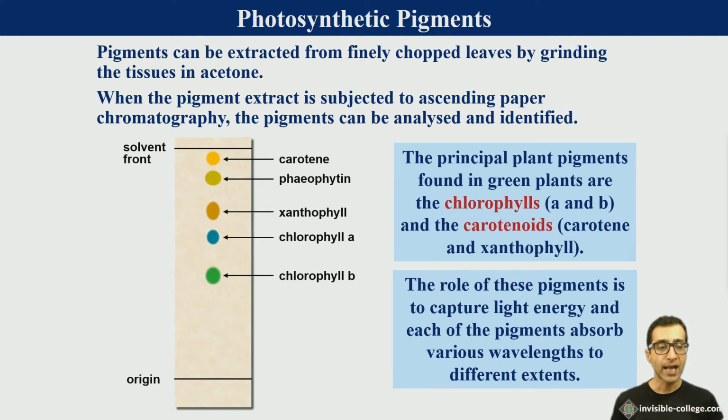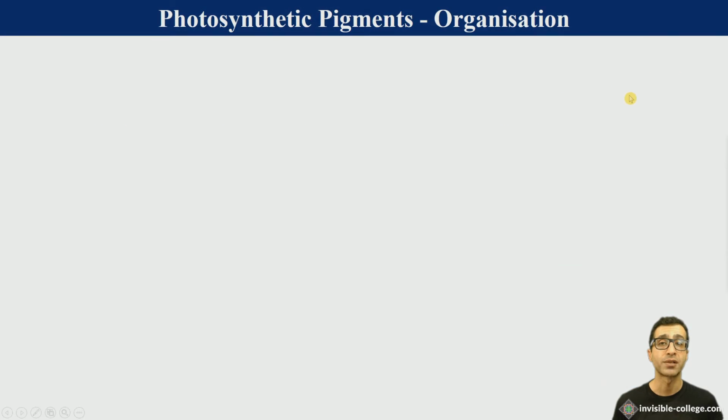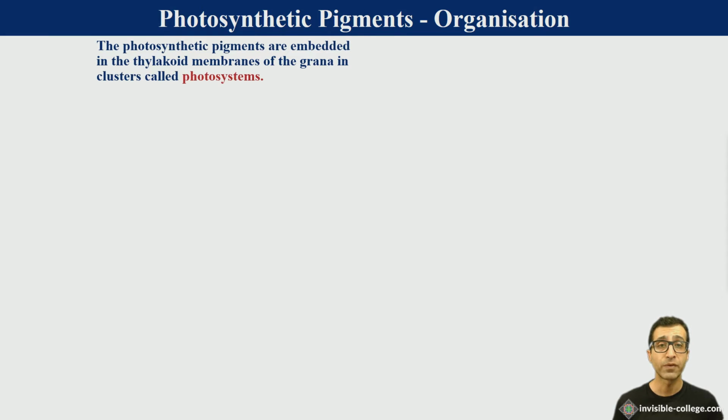So, at advanced level, you need to have some understanding of how these photosynthetic pigments are organised in the plants and in the cells of the plant. Now, the photosynthetic pigments tend to be embedded, as we said before, in the thylakoid membranes of the chloroplasts, of the grana of the chloroplasts, and they are embedded in clusters which are called photosystems.